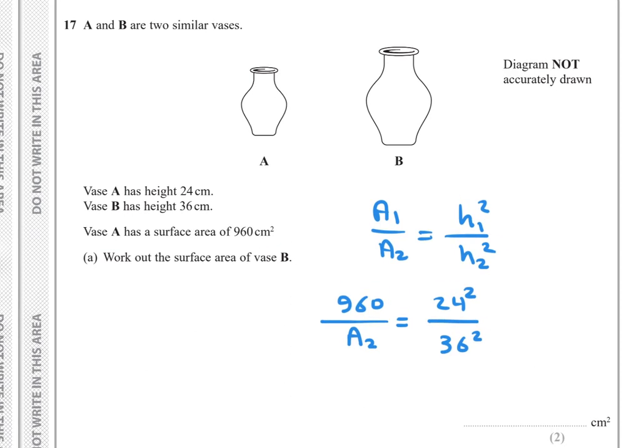Now cross multiply, so area 2 equals 960 times 36 squared divided by 24 squared equals 2160 centimeters squared.